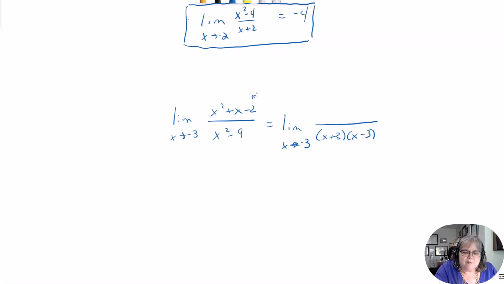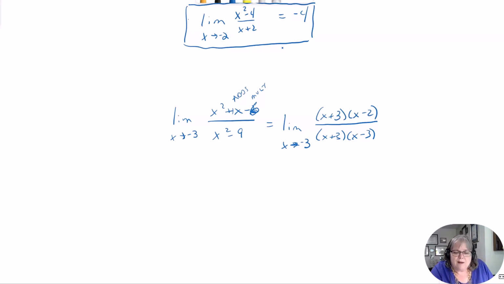So you would say what multiplies to negative 6 and adds to 1? So you would have x plus 3, x minus 2.